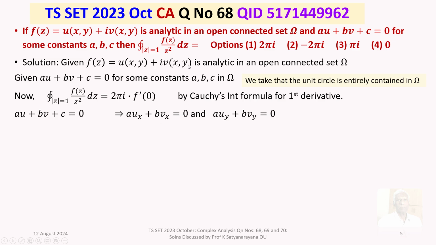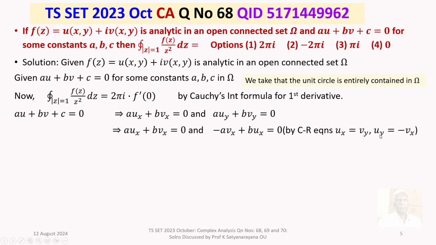Now f(z) is an analytic function in omega, therefore the Cauchy-Riemann equations are valid in omega. The Cauchy-Riemann equations are u_x = v_y and u_y = -v_x. Take these relations and put them in the second equation. Then the second equation becomes -a v_x + b u_x = 0.